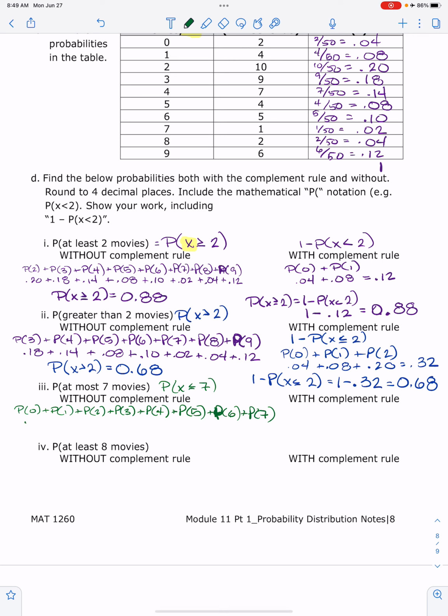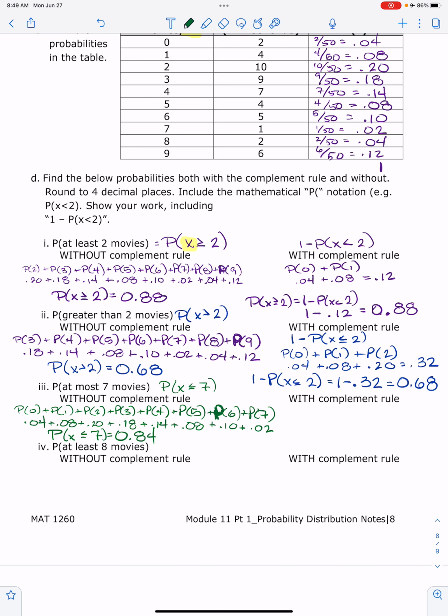Again, we get 0.04 plus 0.08 plus 0.20 plus 0.18, 0.14. Starting to get a little bit of insight as to why sometimes the complements are super helpful. The probability that X is less than or equal to 7 is 0.84.